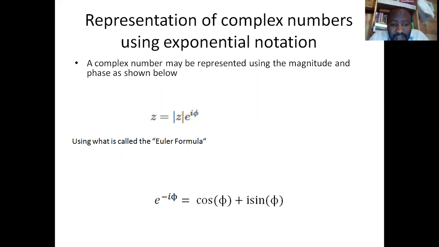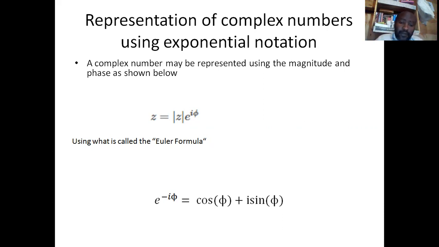So then we say the complex number is equal to the magnitude. Remember, the magnitude is that term that is surrounded by two vertical bars, multiplied by exponential. e is the exponential function. I want to believe that you understand what an exponential function is. So it is the magnitude of the complex number multiplied by exponential to the power i, the imaginary number, and the phase.